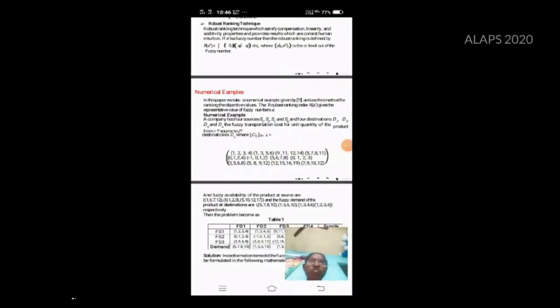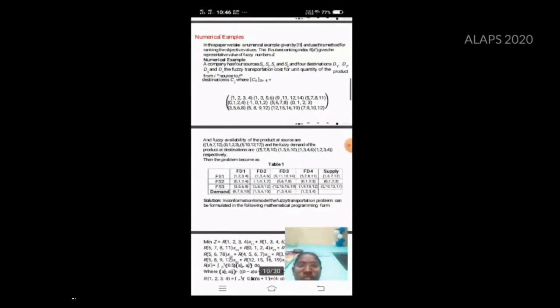The fuzzy transportation cost for a unit quantity of the product from the ith source to the jth destination is Cij, where Cij is a 3 by 4 matrix, along with the fuzzy availability of the product at the sources and the fuzzy demand of the product at the destinations respectively. Then the problem becomes as in table 1, with sources and destinations, and we apply supply and demands.